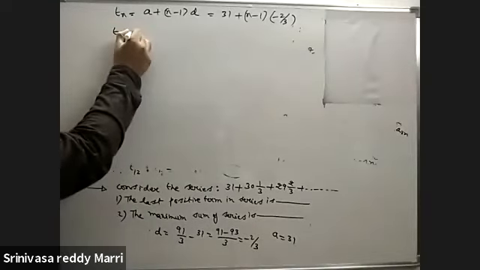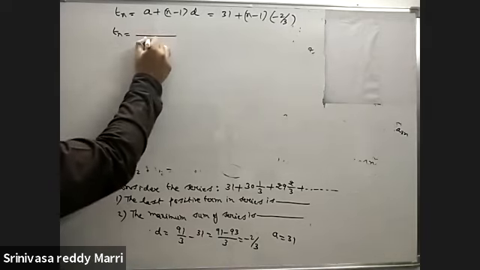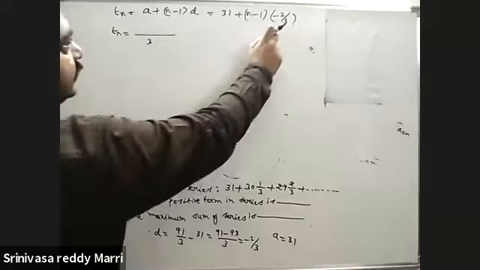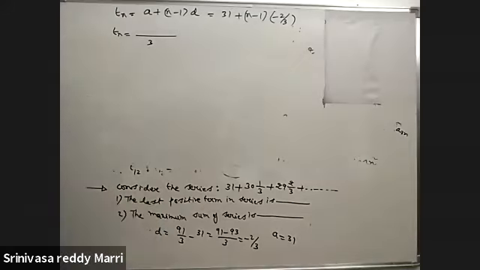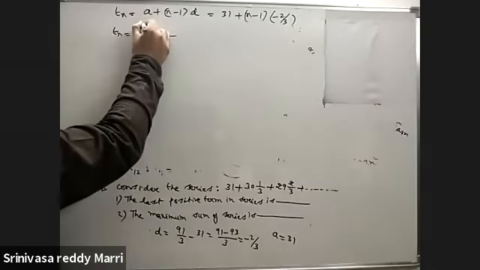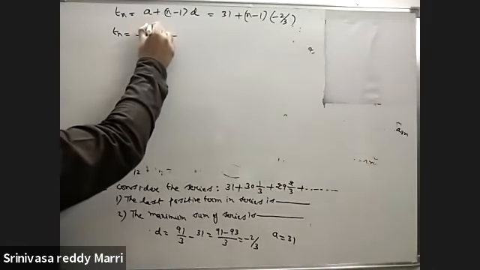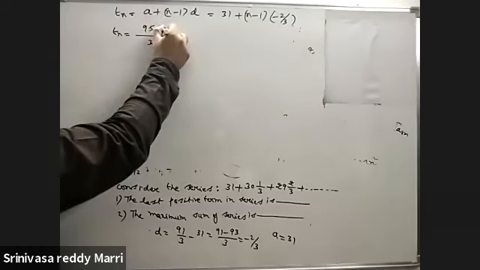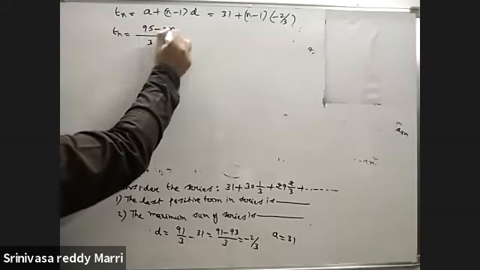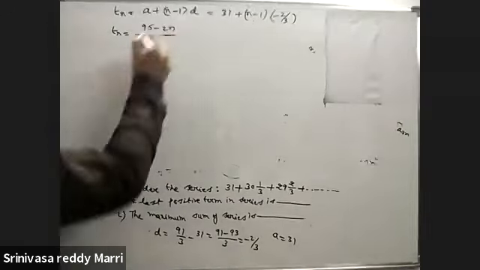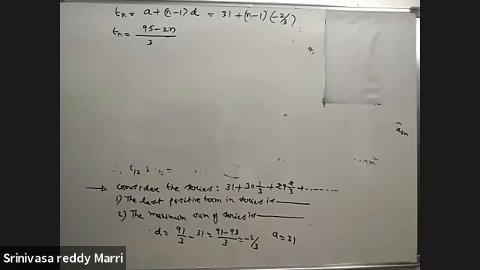If you take the LCM, 3 is the LCM. So here you will get 93 plus 2, 95 minus 2n, so (95 minus 2n) by 3.